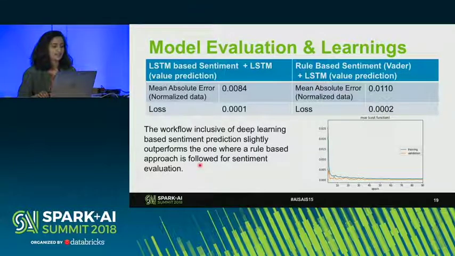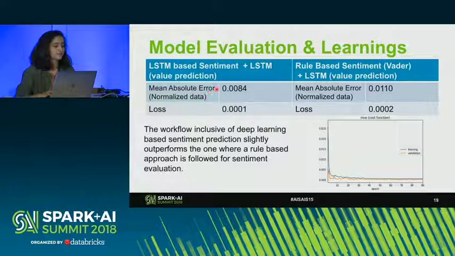So on the left, we see the deep learning based approach, and on the right is the Vader based approach. These are the results on 4 months of data. So my prognosis is that if you increase the amount of data, you will get a wider difference between the results of deep learning and rule-based sentiment prediction.